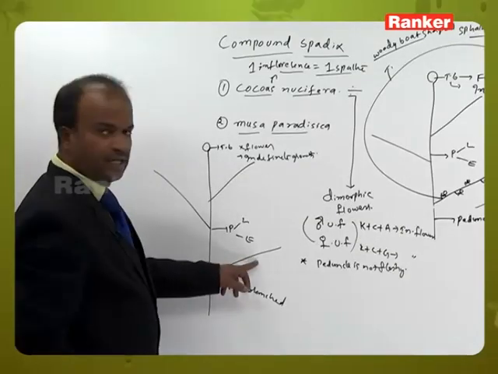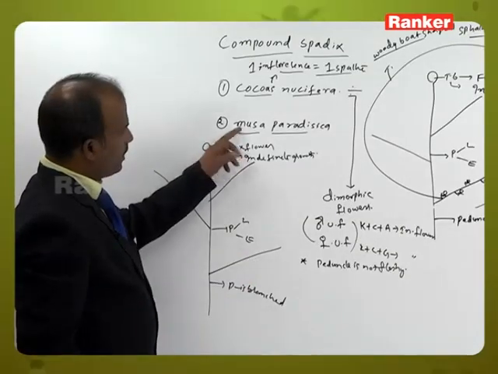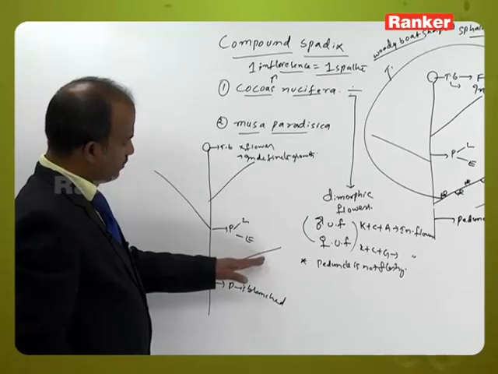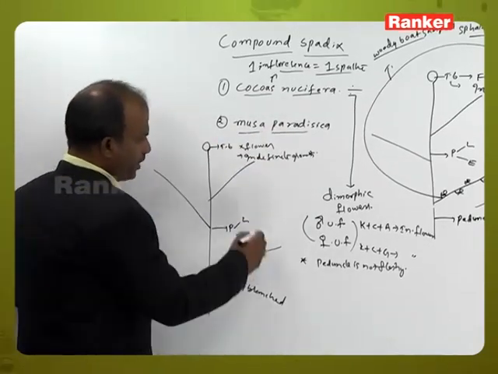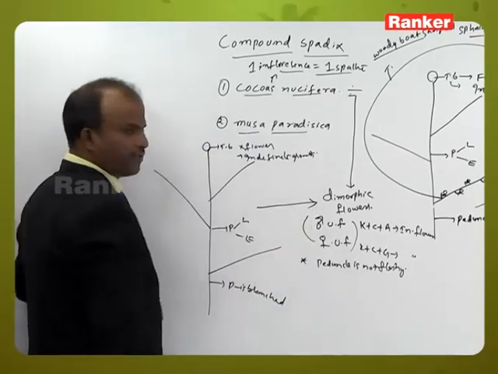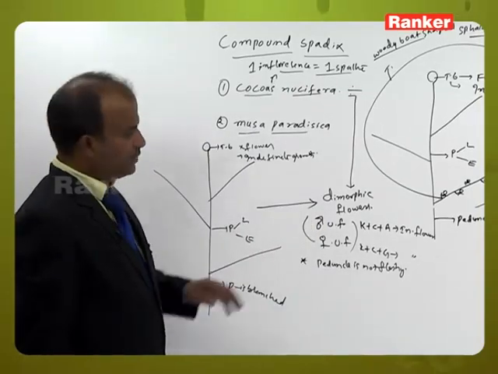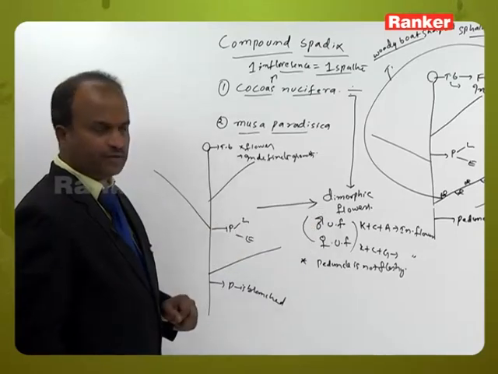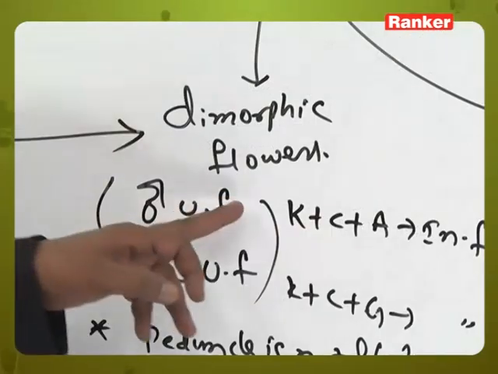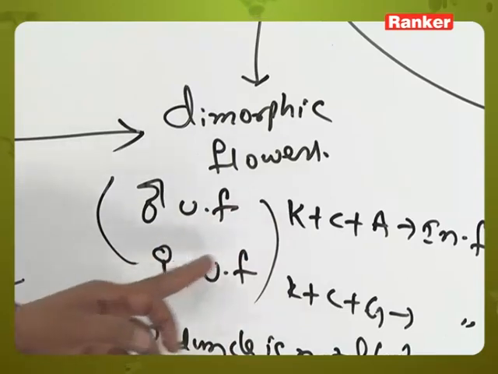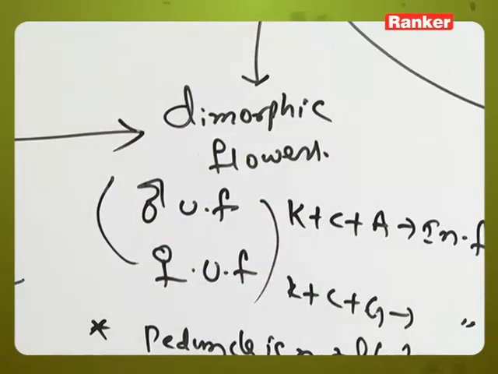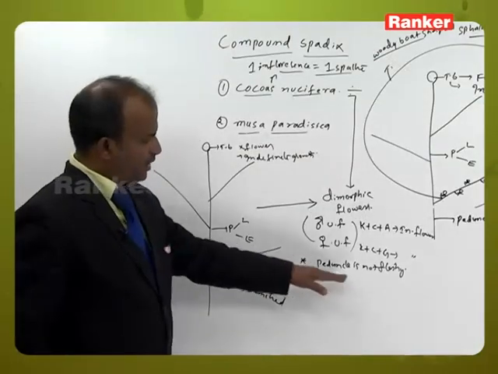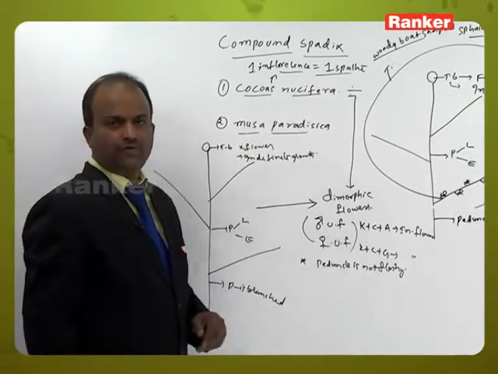And each branch of the peduncle belonging to Musa paradisiaca also shows dimorphic flowers. That means it also shows male unisexual flowers and female unisexual flowers. Both the flowers are incomplete flowers, and here also the peduncle is not fleshy.